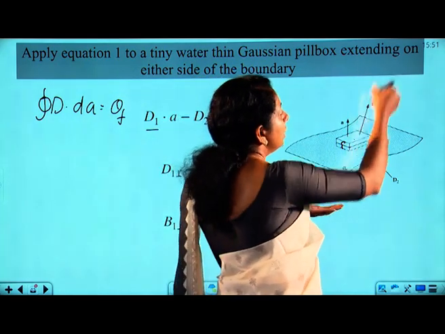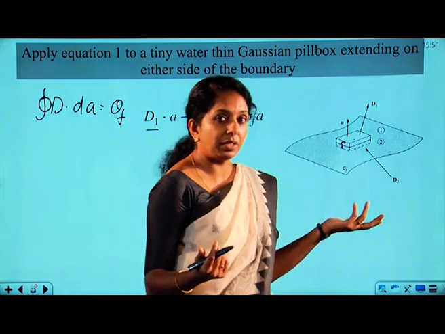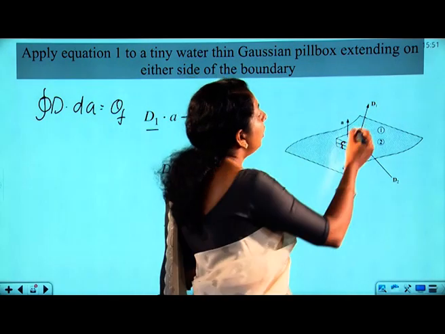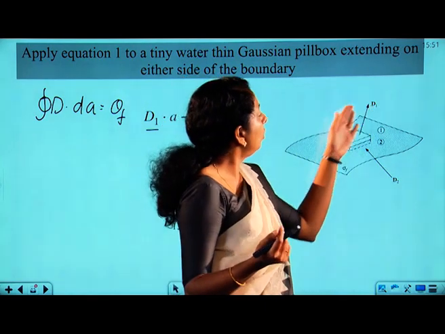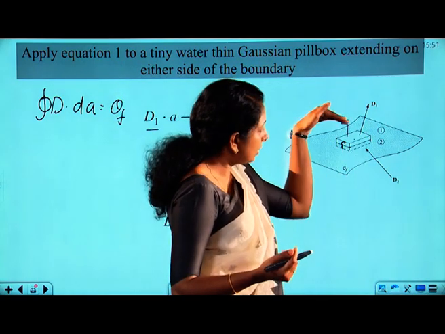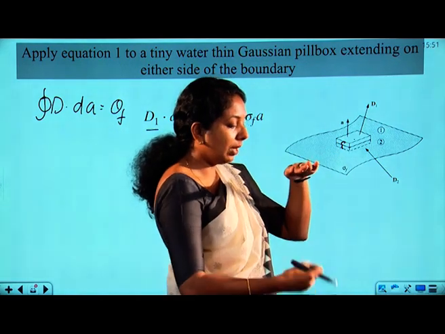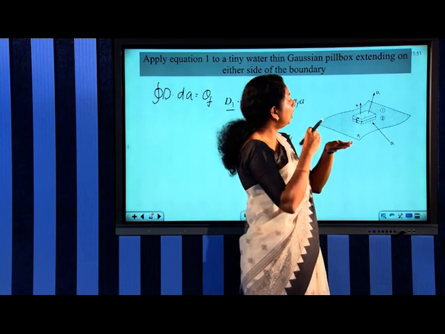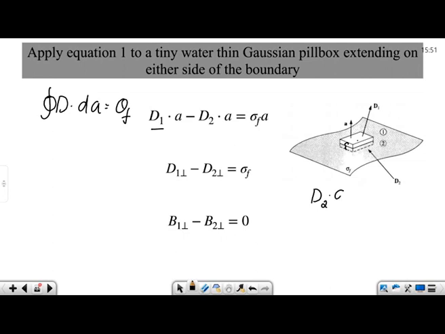So, on the top surface D1 is pointing in the upward direction. Here the direction of the area vector we have chosen as the upward direction. So, when we project D1 over the area, both are in the same direction. So, D1 dot A is the first contribution. Then we project D2, which is acting in the downward direction, but the area is acting in the upward direction. So, D2 dot A means it will give D2 A cos 180, that is negative.